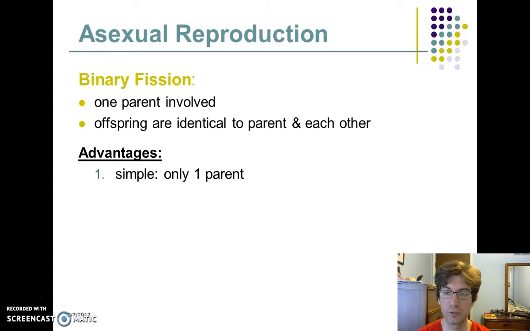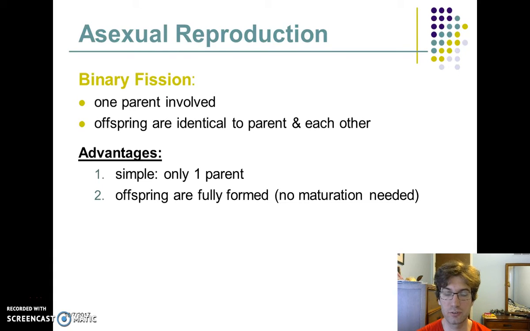Advantages: it's simple and only one parent is required, so you only need one bacteria for this to happen. And it is a preferred way for a lot of bacteria to do because it is that simple. There's no maturation period involved, so once the bacteria goes through binary fission, you don't just get a baby bacteria that has to grow up.